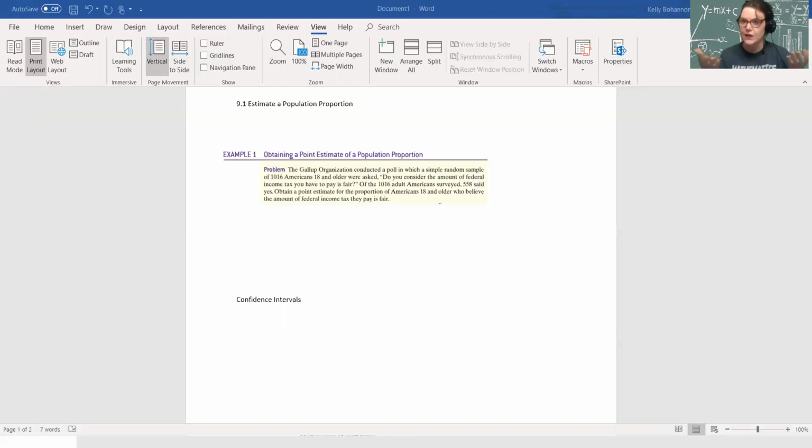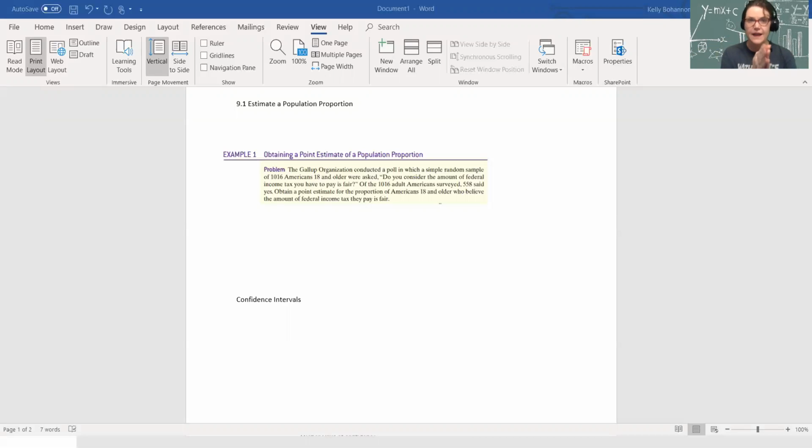But what if I took a different sample of 2,000 people and got a different point estimate, and it came out to be 49%? Both of those values are correct point estimates for the sample size that I took. And I could take another sample of 2,000 people and get another point estimate.